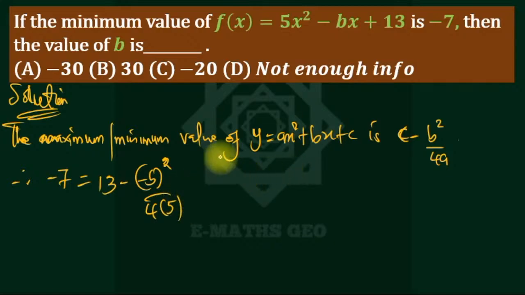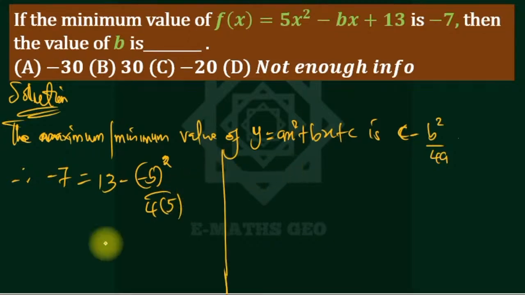So this is now -7 equals 13 minus b squared over, a looks like 5, so b squared over 20.